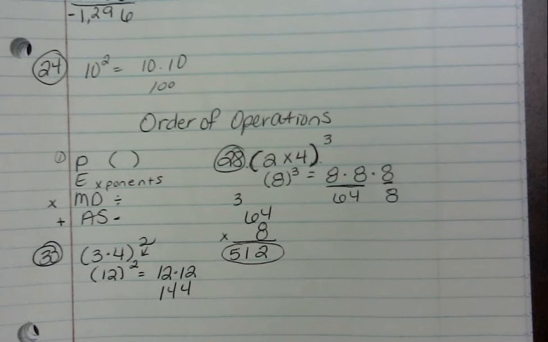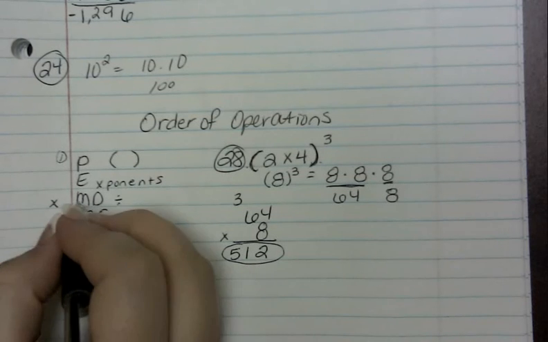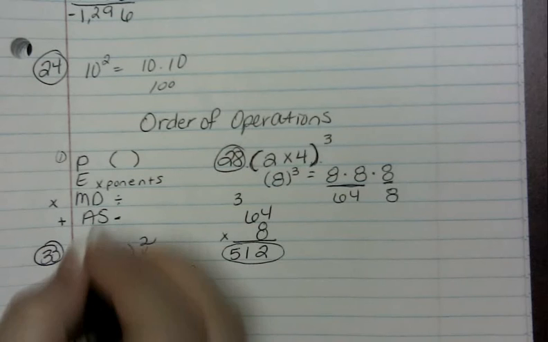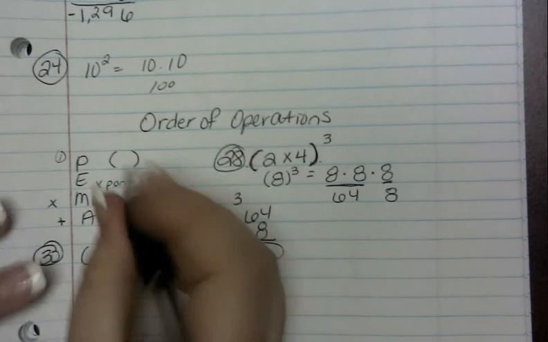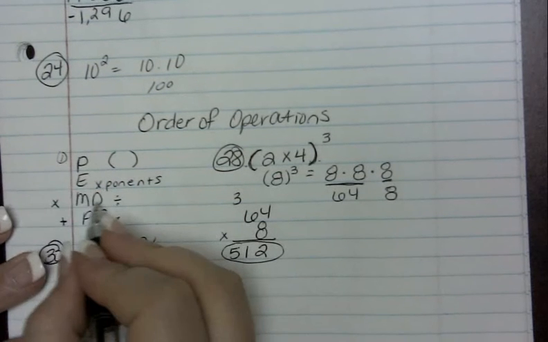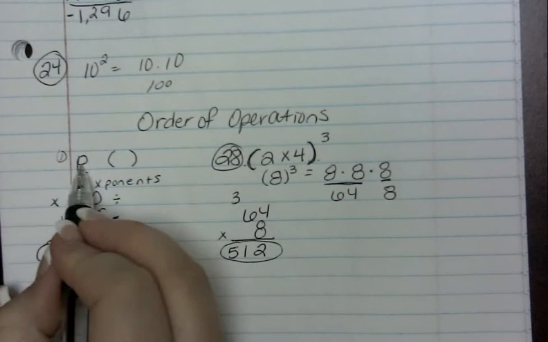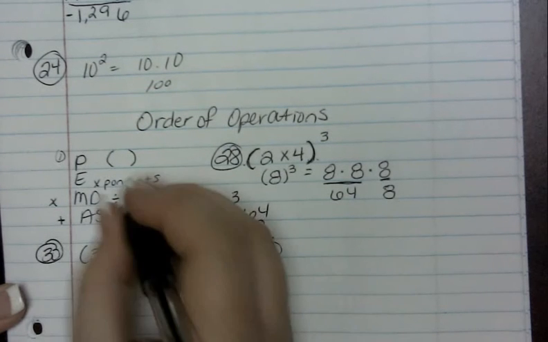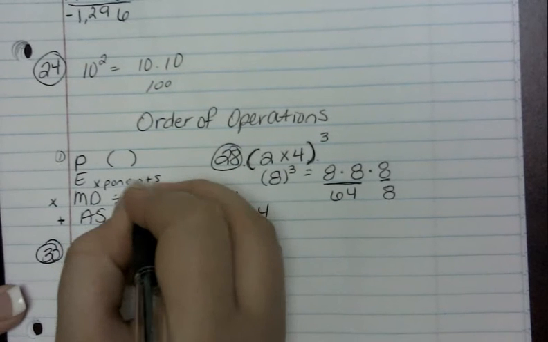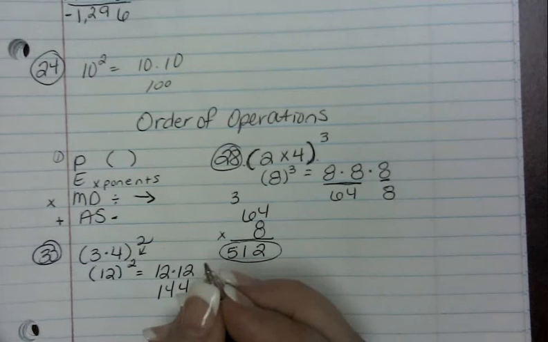Now, before I turn the page, I want to explain something very quickly. You see that I have written these M and D next to each other and the A and S next to each other. The reason I did that is because when you get down and you have no more parentheses and no more exponents, you do your multiplication and division from left to right, whichever one comes first.